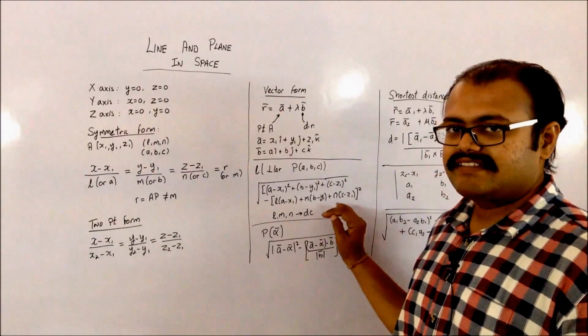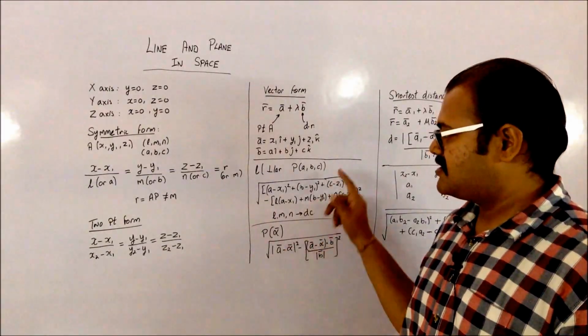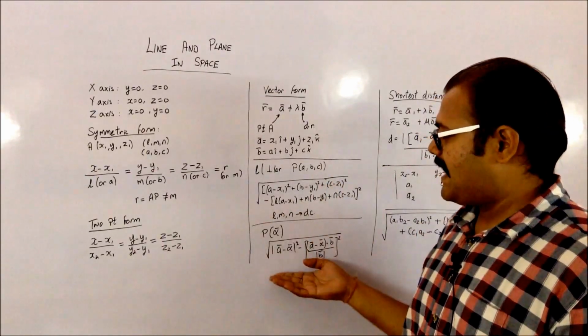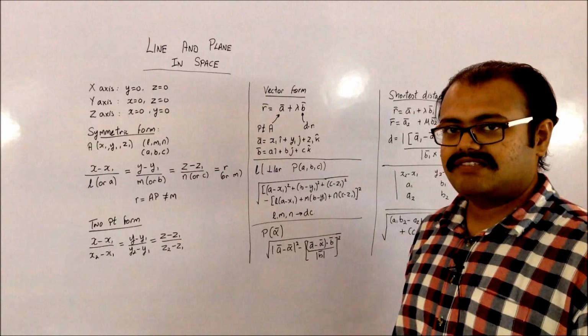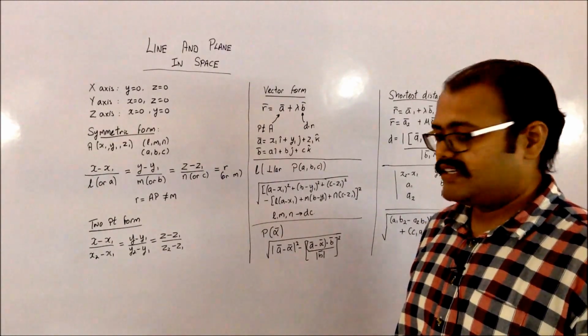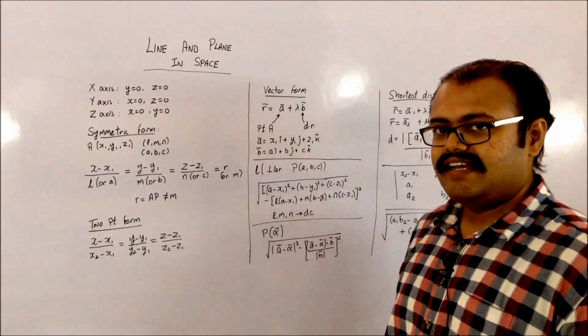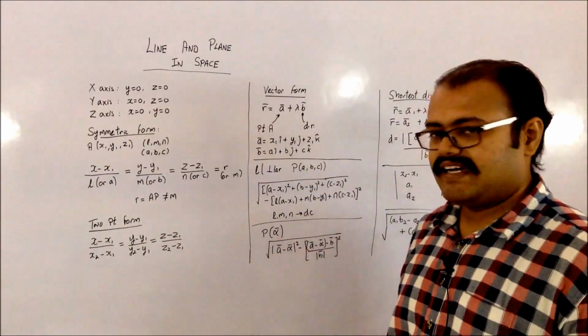If you are finding this difficult to remember, you can convert the line's equation into the vector form, and this becomes a very simplified version of that equation. So here what you have to do is represent your point a, b, c in the vector format, which is given by alpha bar.